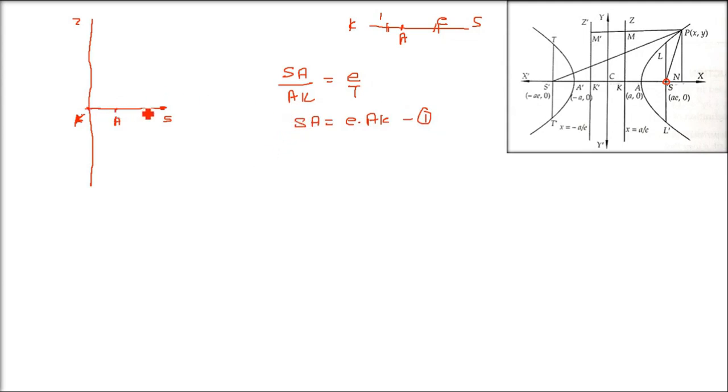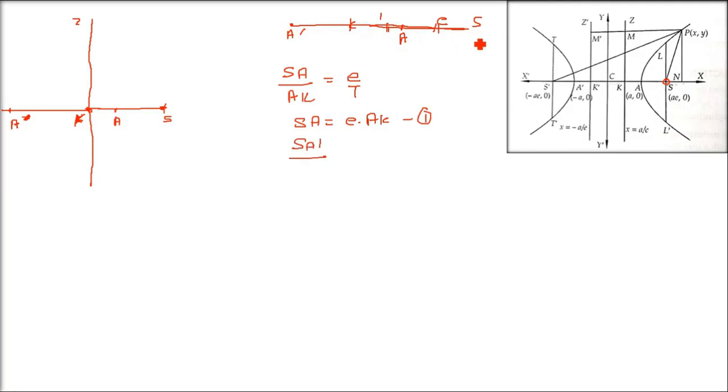Second situation. Now we are dividing this line KS externally. Let us say that the point here is A dash. A and A dash, we'll find out some relationship between them. But for right now, I am extending this SK to a certain point A dash such that there is again a relationship which is E is to 1.